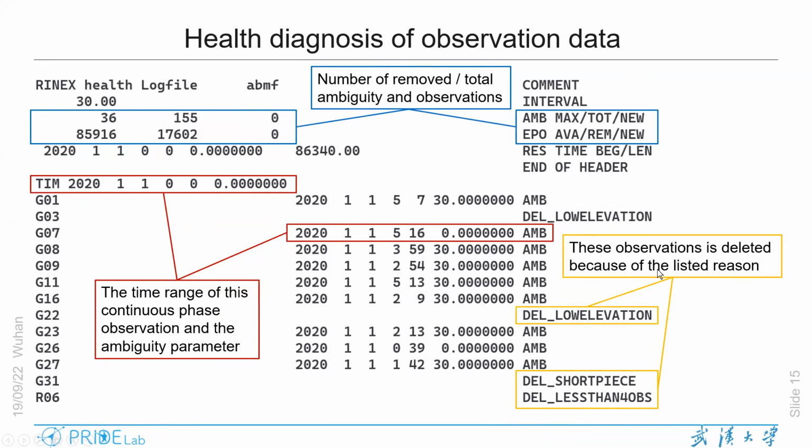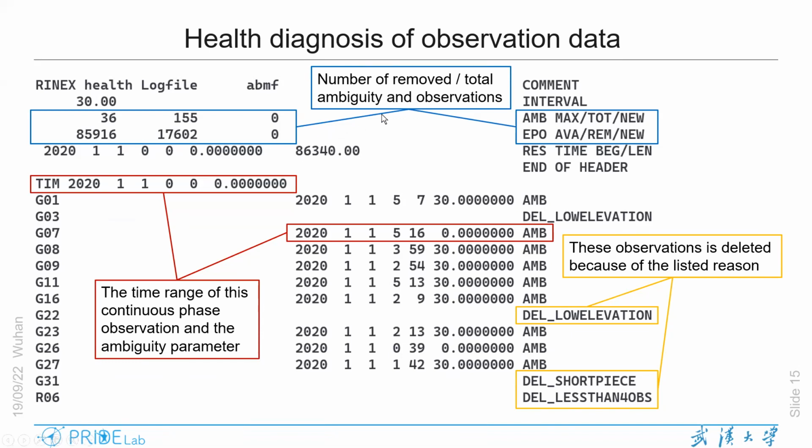As the yellow frames show, the suffix gives the reasons why they are deleted, such as the elevation being too low in this epoch, or because they are in a short observation session and do not have enough observations in this epoch.